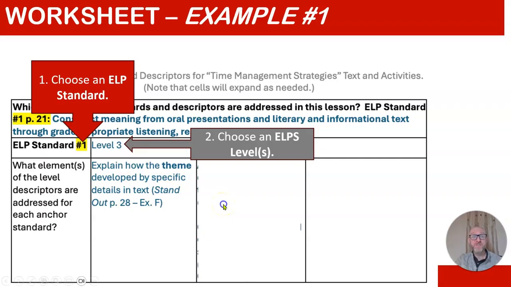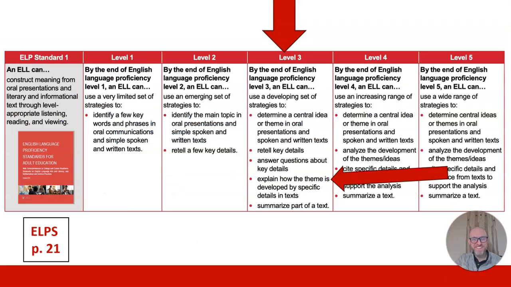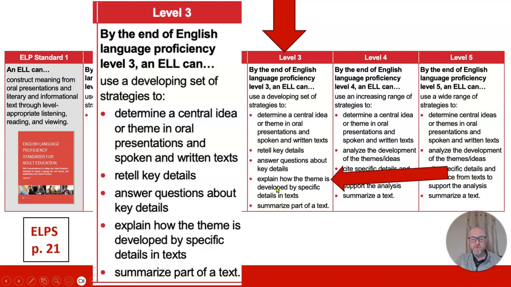So we have our ELPS standard, we have our ELPS level. Now we need to choose the proper descriptor. So let's go back to our handbook. We're coming to level 3, and we're going to choose from these 1, 2, 3, 4, 5 descriptors, and we chose this descriptor here, the second to last. Explain how the theme is developed by specific details in the text.